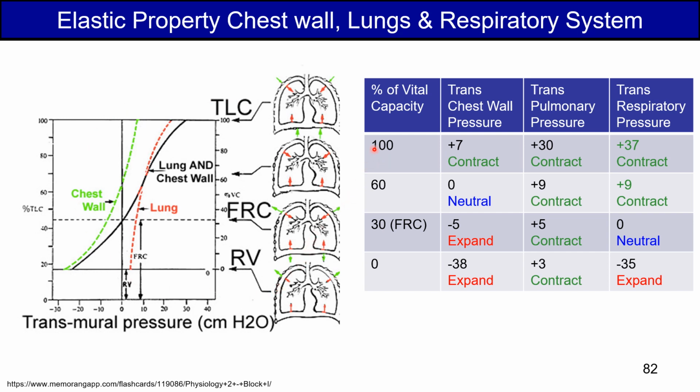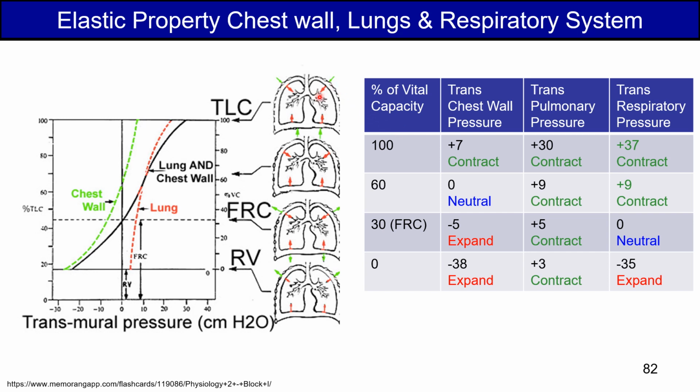Okay, at 100% of the vital capacity, the trans-chest wall pressure is positive 7, and therefore it wants to contract. The trans-lung pressure is positive 30, and therefore the lungs would like to contract. The transrespiratory pressure, which is the sum of plus 7 plus 30, is positive 37, and therefore it wants to contract.